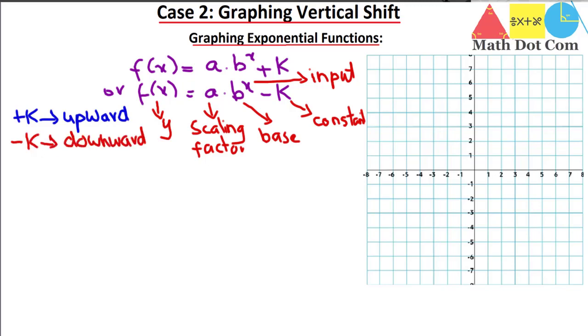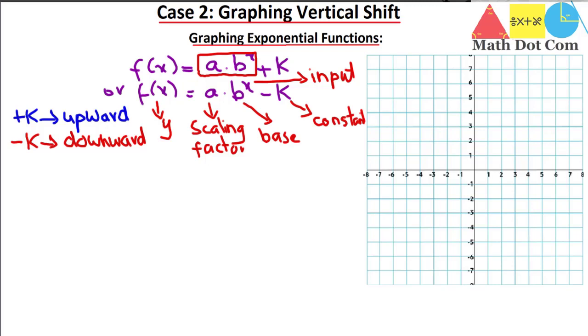It means that in the exponential function, when you come across some constant being added or subtracted, keep this in mind. Don't get confused with this addition of the constant. We are adding this constant to the whole function. We are not adding this constant to only the exponent, that is x, which we did before in case 1.